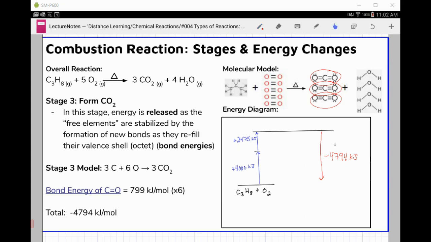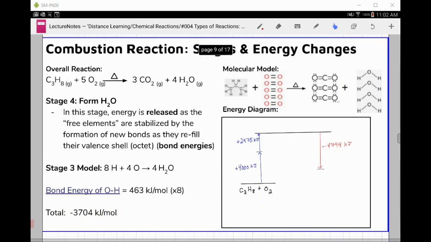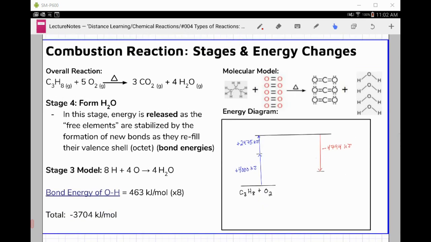Now to go form the water, there's 4 water molecules. Each of those has 2 OH bonds, so there's a total of 8. The bond energy for each of those is 463 kilojoules, and since we're forming them, that energy is going to be released. So we're going to be releasing a total of another 3,704 kilojoules.